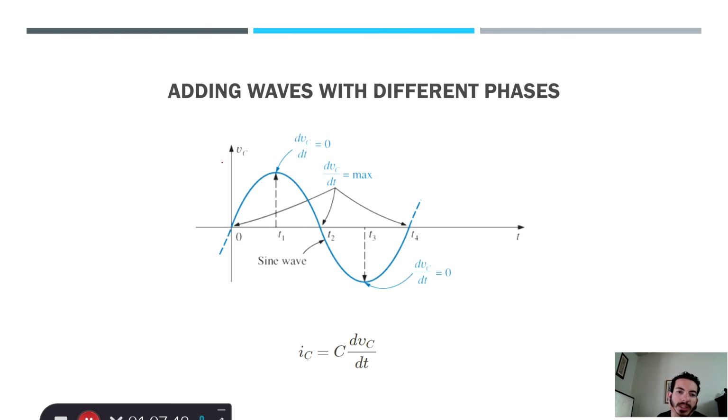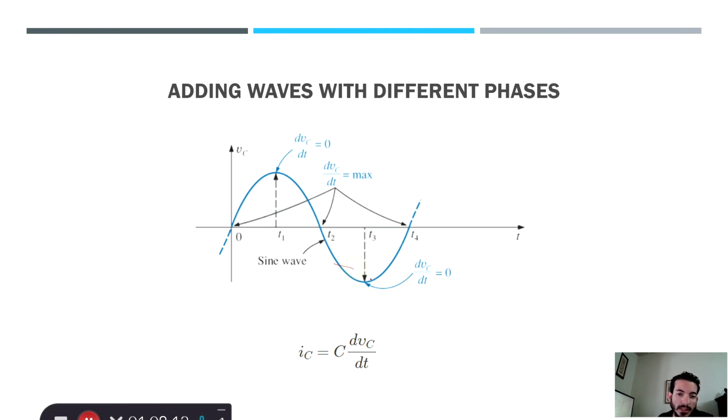So we know by now how to add waves with different phases. And as I told you before, it's important to know the maximums and the minimums because of the peak voltages that are definitely going to ruin our components. To know the maximums and minimums, we can find the derivatives.